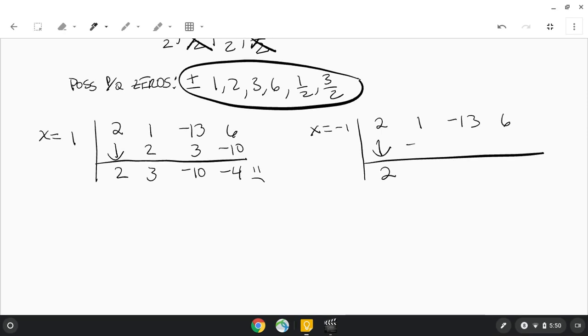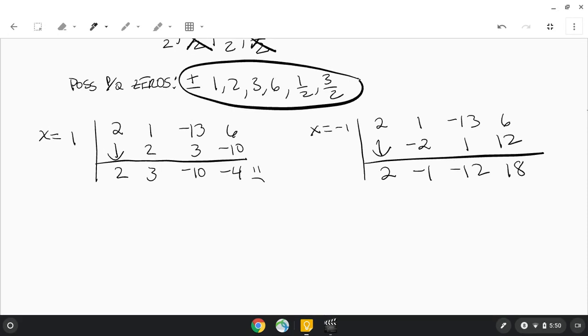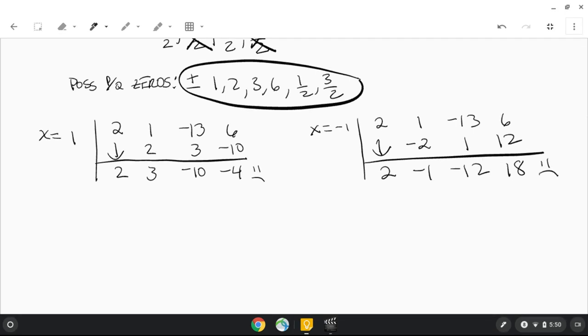Lots of room for error here, so just be patient. -2 plus 1 is -1. -1 times -1, +1. -13 and 1 is -12. +12, and we get 18. Again, no 0 remainder. We got an 18 for the remainder. Okay, let's try 2.